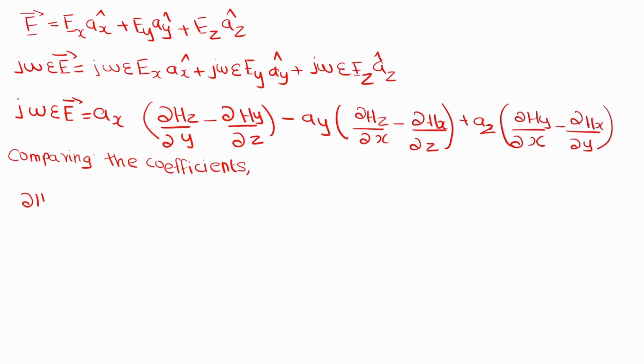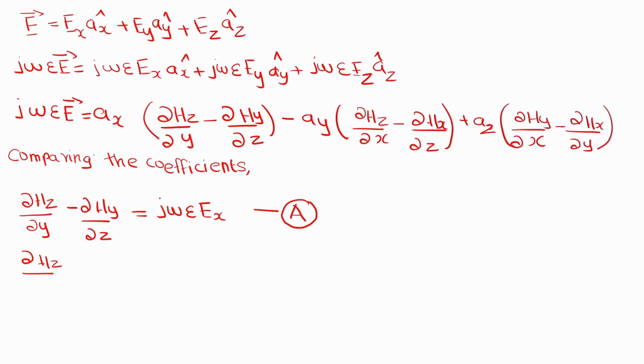Now comparing the coefficients, we get dou hz by dou y minus dou hy by dou z equal to j omega epsilon Ex. Equation A. The next component is dou hz by dou x minus dou hx by dou z equal to j omega epsilon Ey.